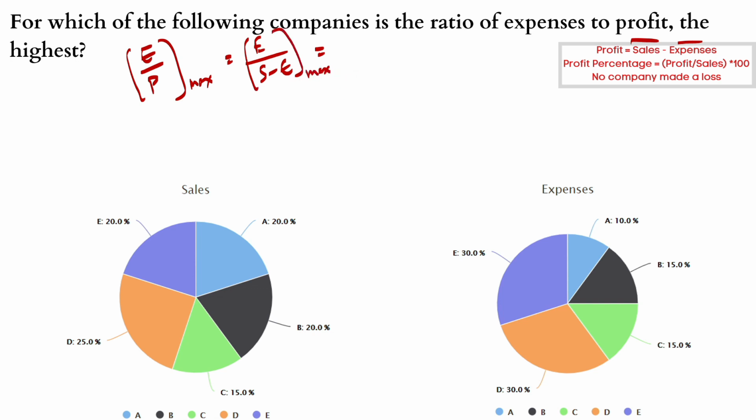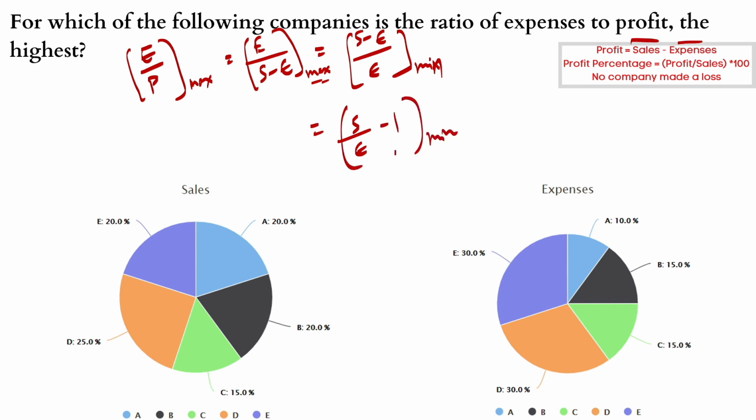We can also interpret it in this way. If E by (S minus E) must be maximized, we can also say that (S minus E) by E must be minimized. Understood? If we invert that, then this one will also get inverted. If we take E as common here, we get S by E minus 1, so this one must be minimized.